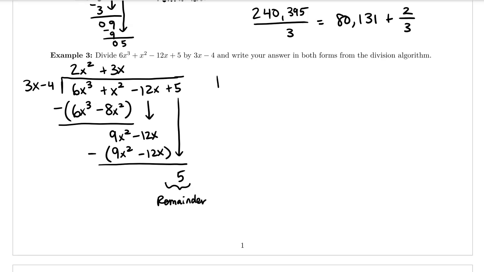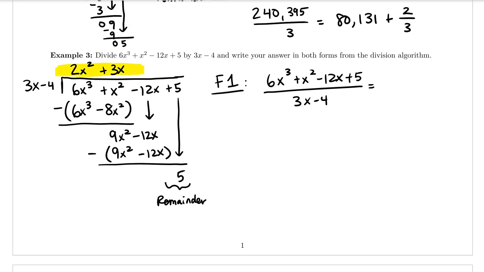Now let's go ahead and write this in form 1 of the division algorithm. So we're going to start off with our original polynomial, 6x cubed plus x squared minus 12x plus 5, and we are dividing this by 3x minus 4, and the quotient is the answer that we found here.